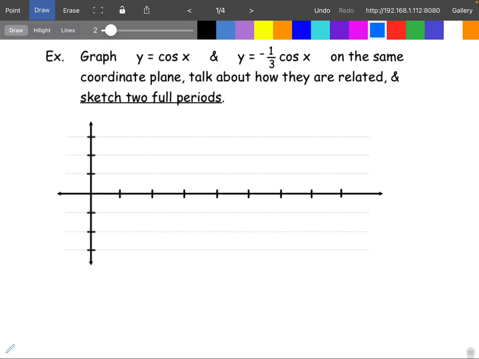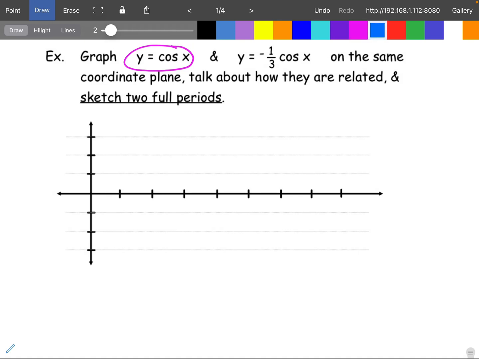Alrighty. So then we're going to start with the basic cosine function. We know the basic cosine function. Think back to what we did just a few minutes ago. The first point for cosine was at 1, then it went to 0, then -1, then 0, and then +1, going from 0 to 2 pi again.